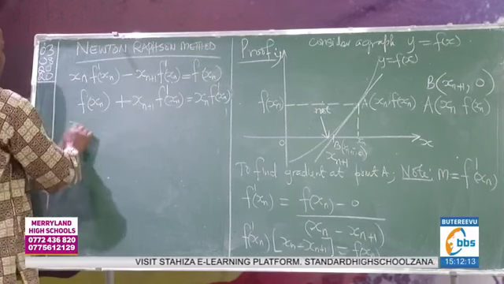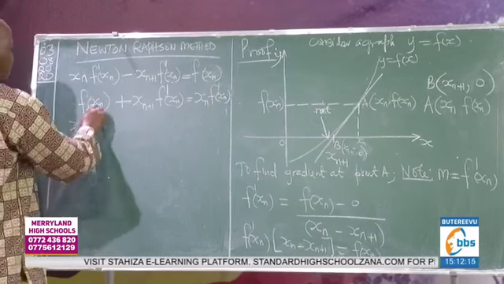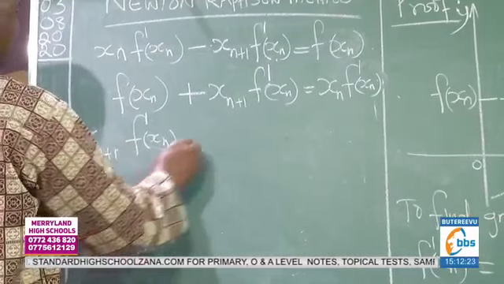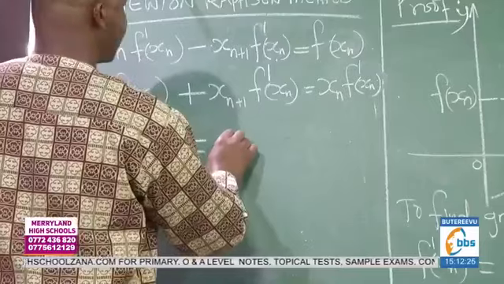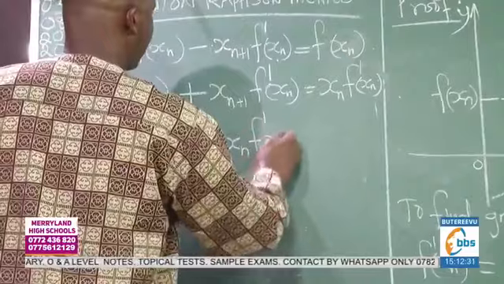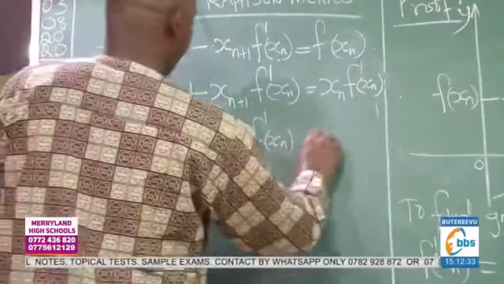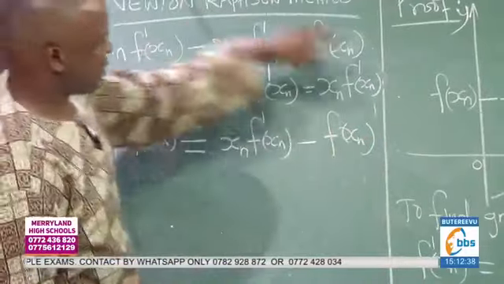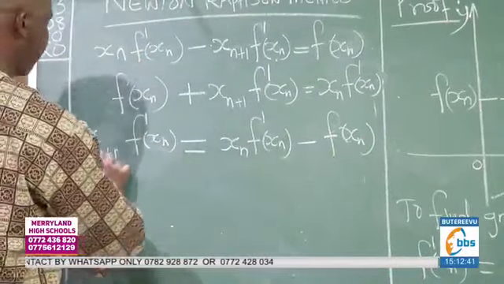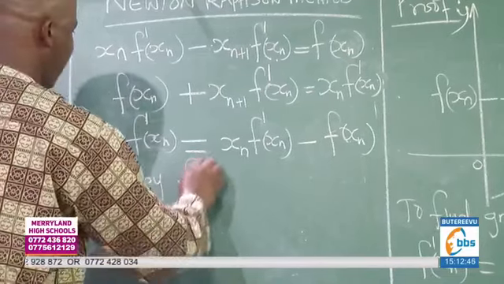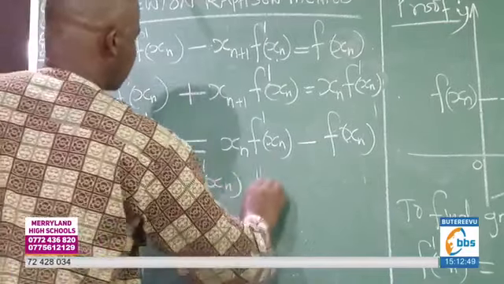So my xn plus 1, leaving it here, f prime of xn, should be equal to my xn f prime of xn, which is already there, minus f of xn, which I'm picking from here to that side. And now I will divide by f prime xn throughout.